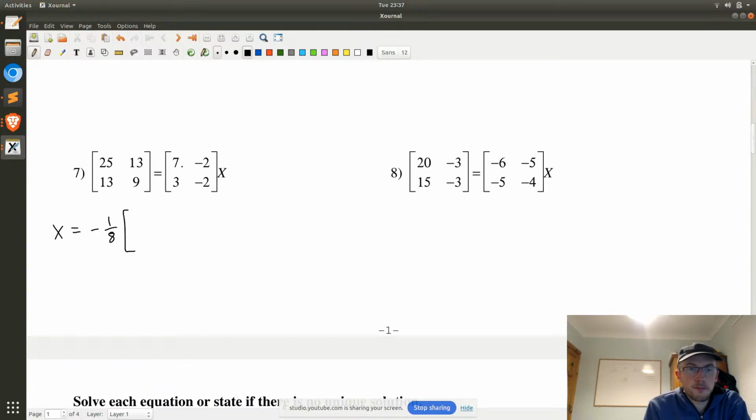And then swap the main diagonal, negate the off diagonal, pre-multiply, and carry this out.